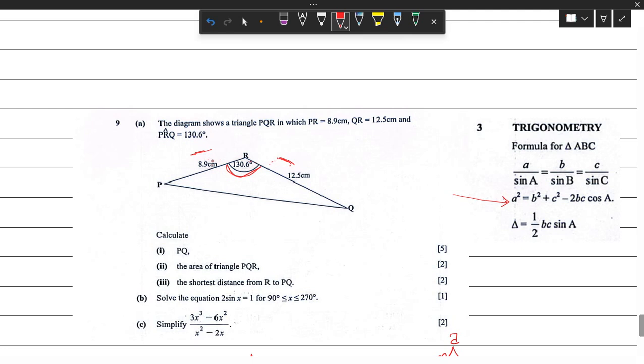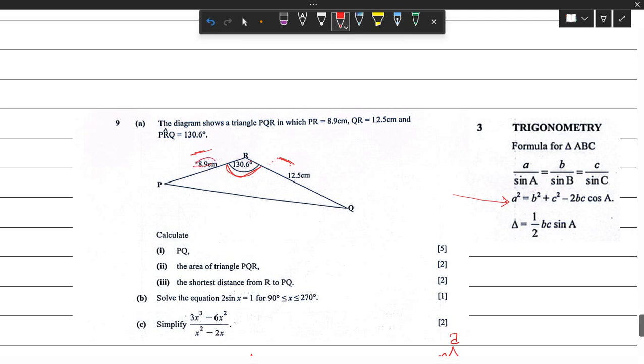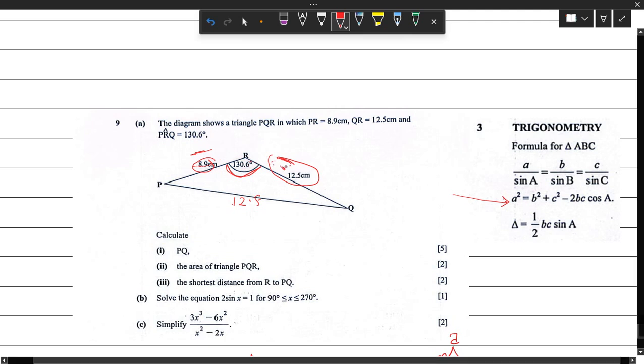Cosine rule works only when you have two sides given. If this distance was missing and the angle is here, we can't use cosine rule. We'll come to sine rule.